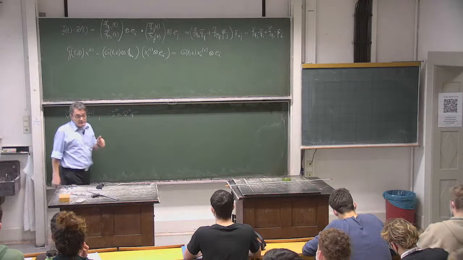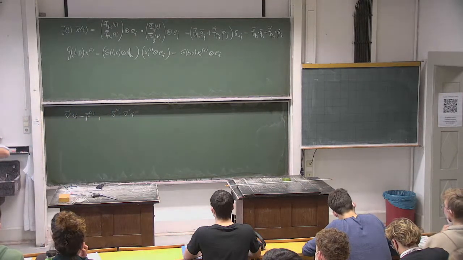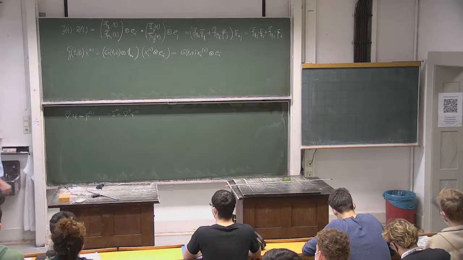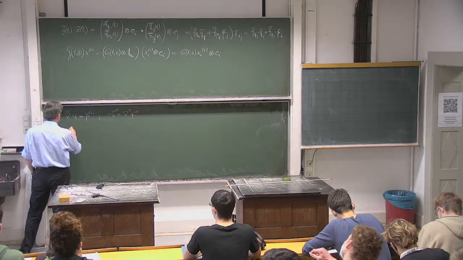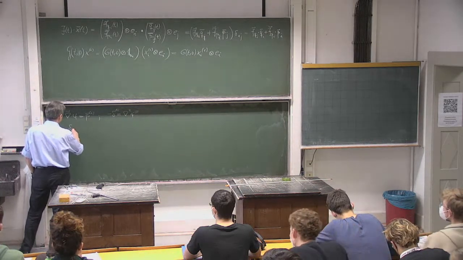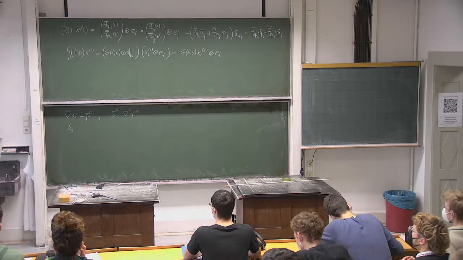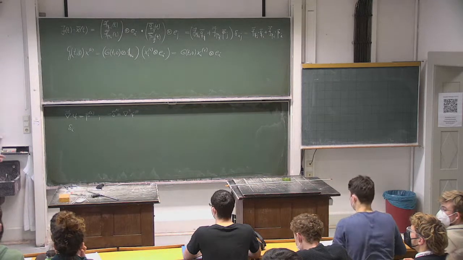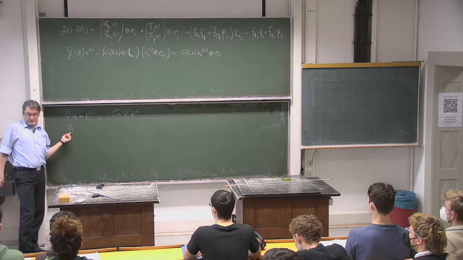So I'm assuming that I have an ensemble of n particles. And I'm looking at the values of the density contrast at the positions of all these particles. So I want to assign density contrast to all of these particles.